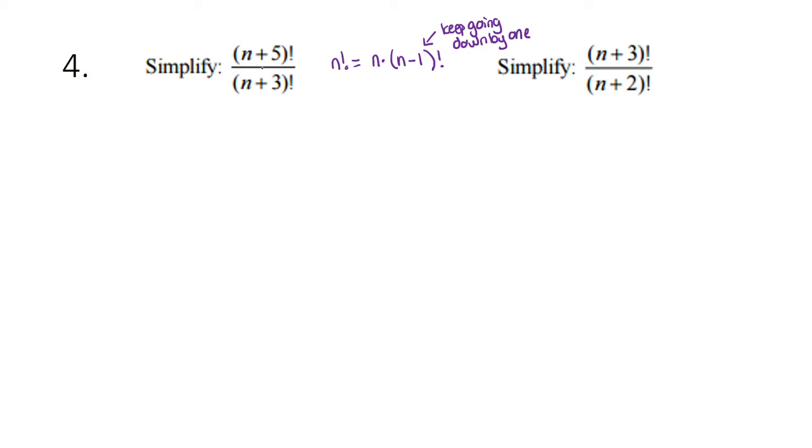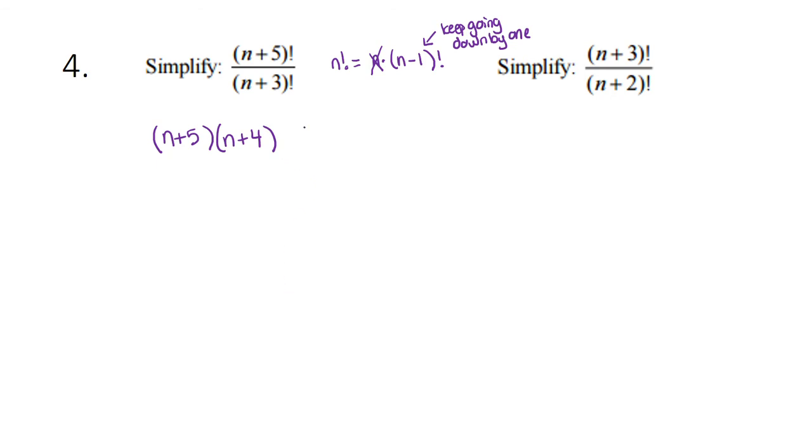Okay, now since both of these are plus in number 4, I don't have to write this in. All I have to do is keep going down by 1. So I'm going to write n plus 5, and then if I go down by 1, n plus 4. Does that make sense? All I did was go down by 1.